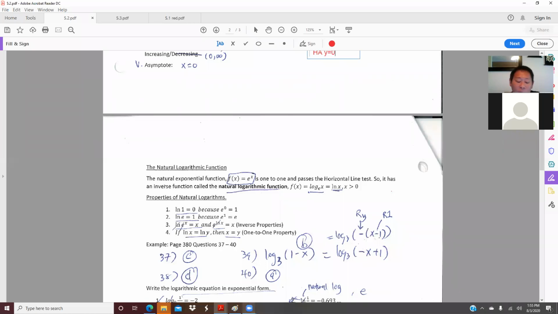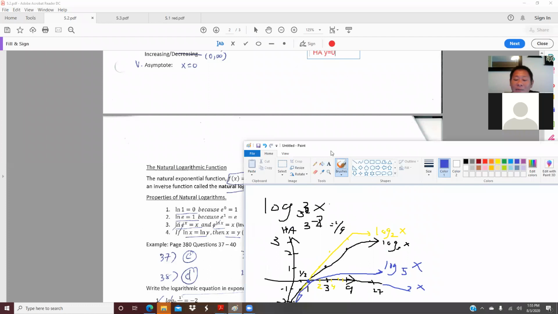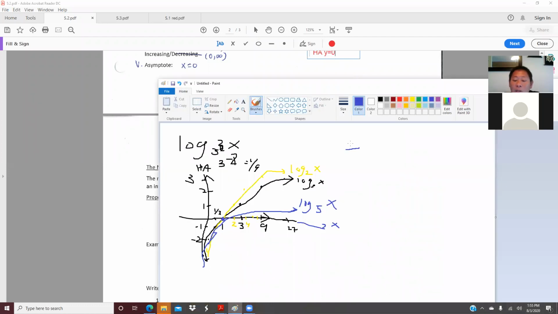So ln x, if you want to graph this, is very similar to this. Because we know e in this case is 2.7 something. So if you want to draw a graph of log base e of x, where e is 2.7 something, then it will be somewhere near the black line.